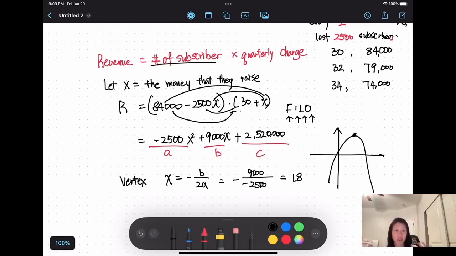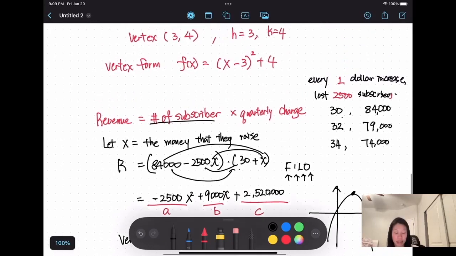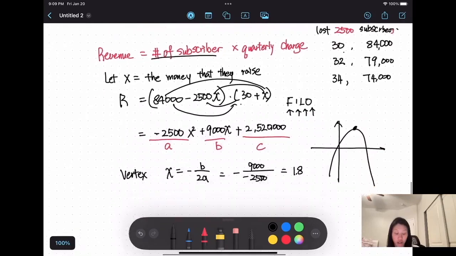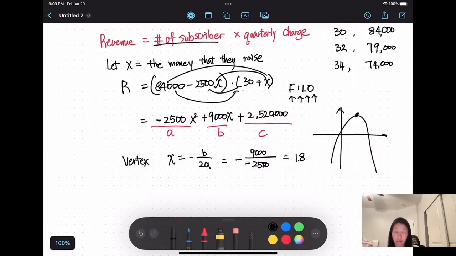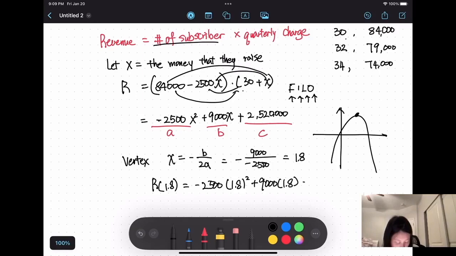Maximum. So we still need to find what? X is the money that you're trying to increase, right? We still need to find the profit. So the profit is our y coordinate, which we find by substituting x equals 1.8 into the function. I have negative 25,000 times 1.8 squared plus 9,000 times 1.8 plus 2,520,000.